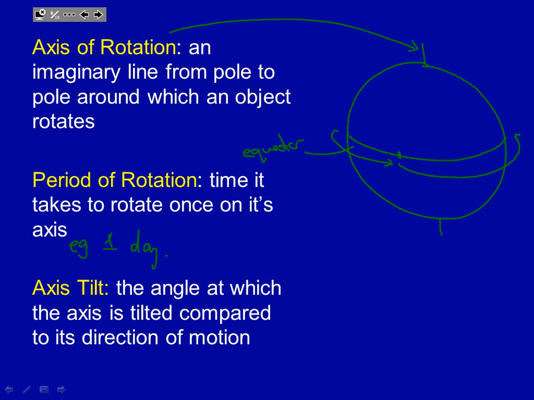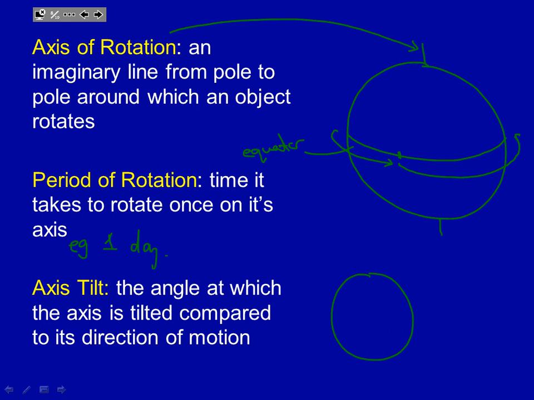Axis tilt. It's the angle at which the axis is tilted compared to its direction of motion. The Earth doesn't go around the sun straight up and down. The Earth goes around the sun on a slight angle. So the axis tilt, if I were to draw a picture of this again, that's my rendition of the Earth.